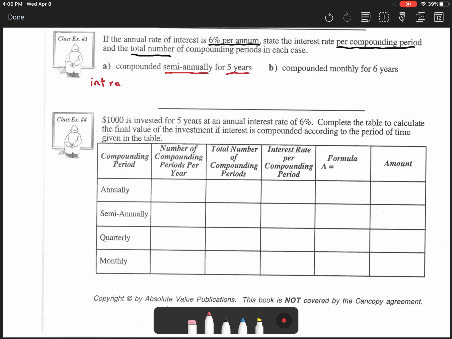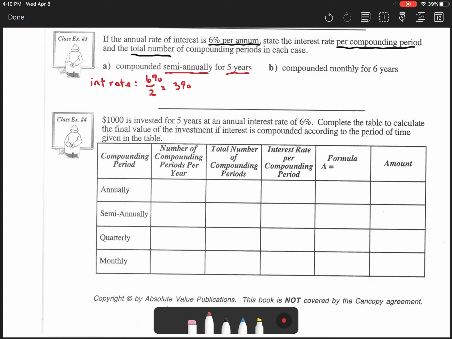So my interest rate then, that's what they want. The interest rate every time I calculate interest is going to be what? Well, semi-annually is twice a year. They're giving me 6% for the full year. So it would be 6% divided by 2. So my interest rate would be 3%. I'd get 3% every time I'm calculating interest.